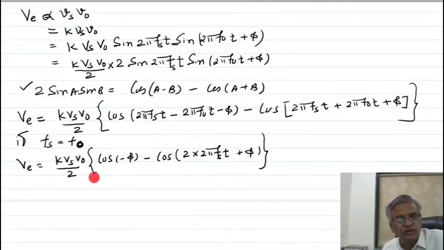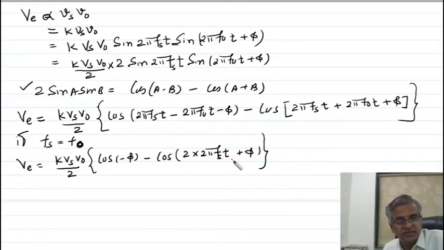The output of the phase detector has two terms. One is a constant term, second is an AC term having double the frequency, a higher frequency, 2 times that of the input signal.